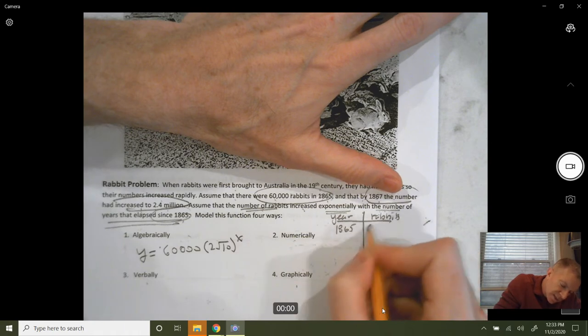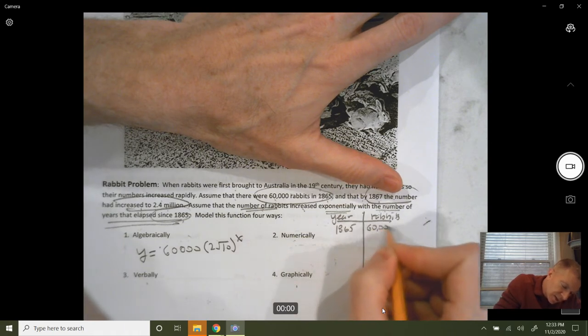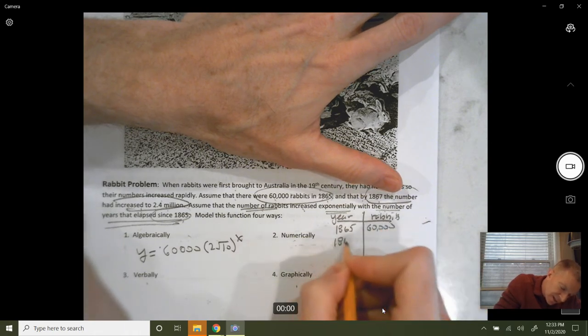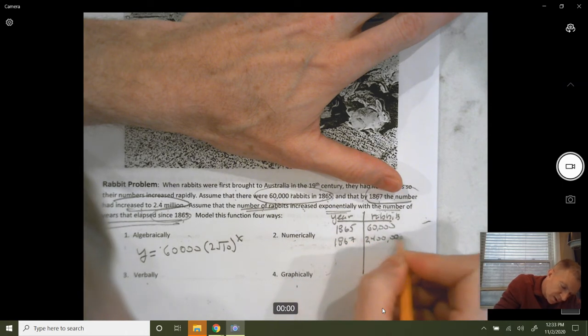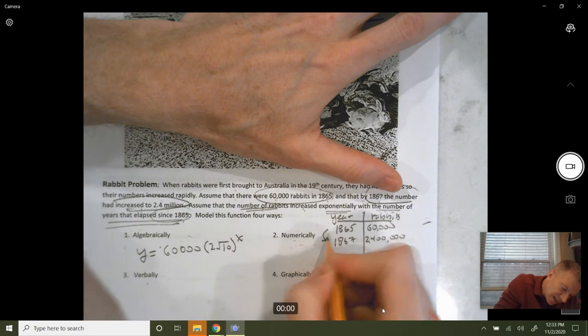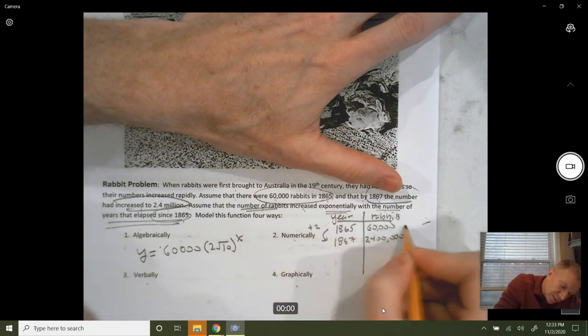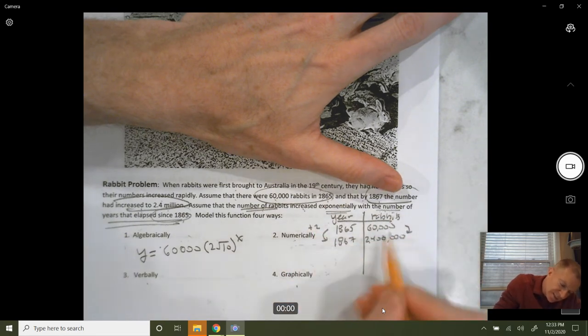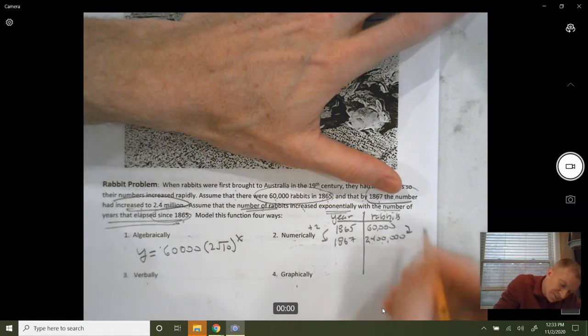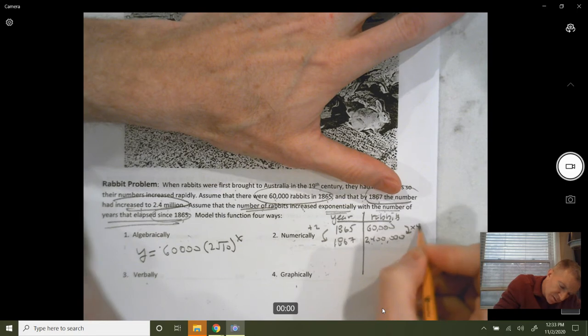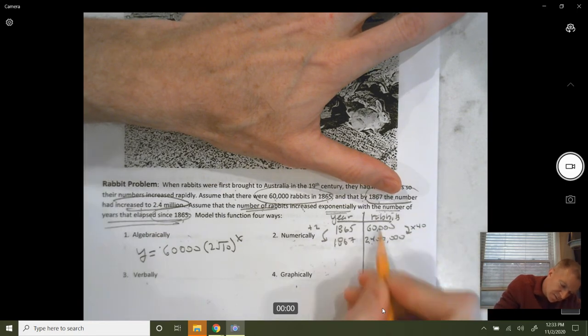We had 60,000 rabbits. 1867, we had 2,400,000 rabbits. So we added 2 to the x. And what did we do here? 60,000 times what is 2.4 million? We multiplied by 40. You just take this divided by this, you get 40.